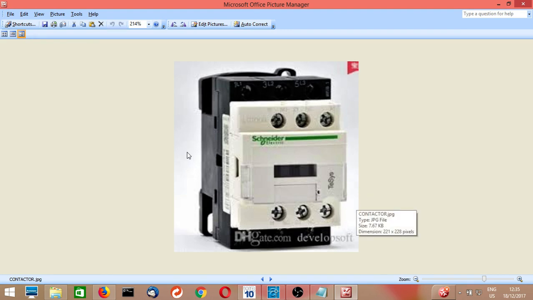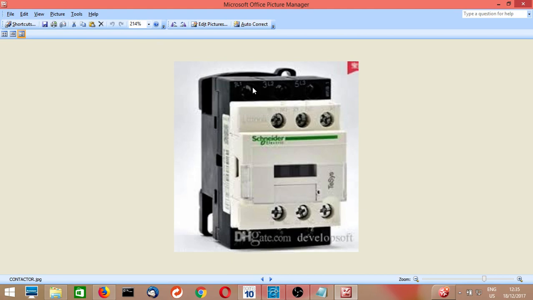So we selected a 12 ampere contactor. We have to consider one 12 ampere contactor with the coil voltage. The power supply is given to this contactor, which has L1, L2, L3 points here, and down here also we have three big electrical points.